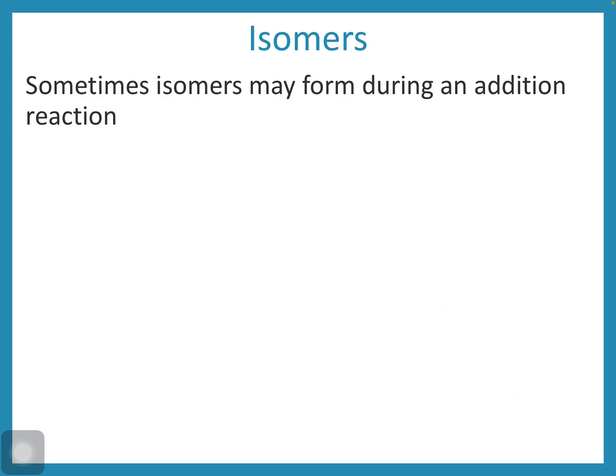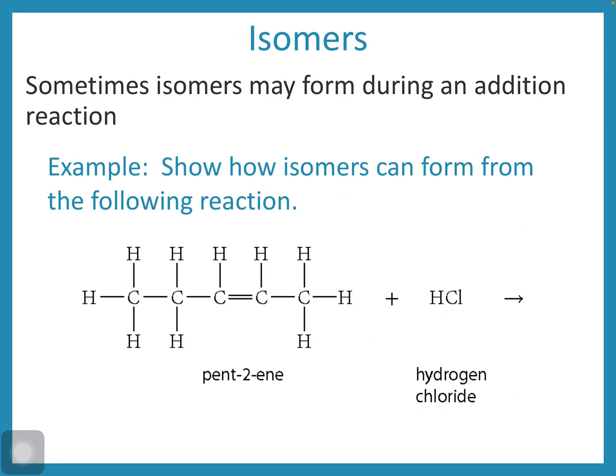So when we have addition reactions, sometimes, depending on what we are adding, we may have isomers, and we'll learn how we figure out which one is the more common isomer that will be formed. So we have another example here, pent-2-ene, and adding hydrochloric acid. So the hydrogen and the chlorine are going to attach to the second and third carbon.